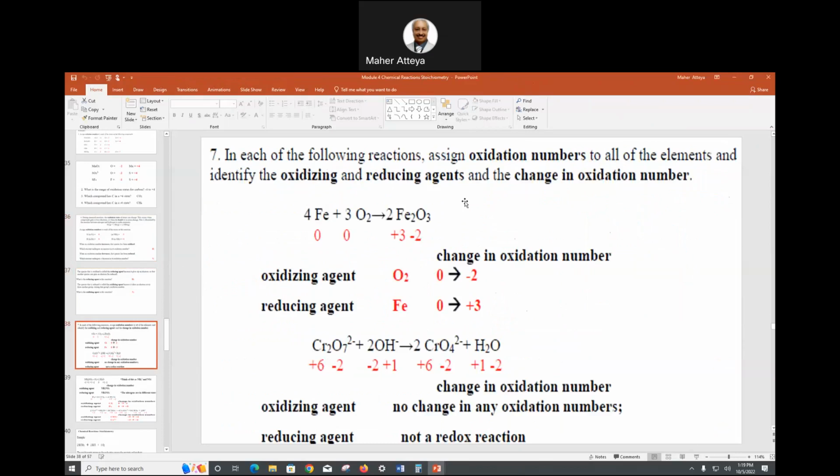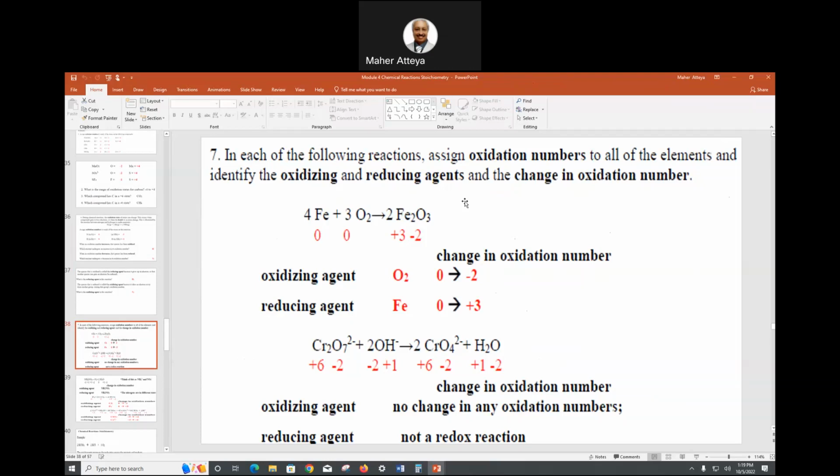Look at this example. I want you to answer for me the twofold question. The twofold question is, what are the charges, the oxidation numbers, of each element present on the reactant and the product side in this chemical equation. First, we are looking for the oxidation number.